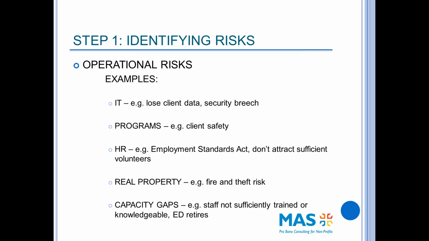You would have risks around losing client data or some kind of a security breach, and the consequences of that would be quite different if the only client data you have is the client name and address. That's a quite different consequence than if I have the client name, address, phone number, financial information, and health information. That's a very different consequence for the organization and for the clients.